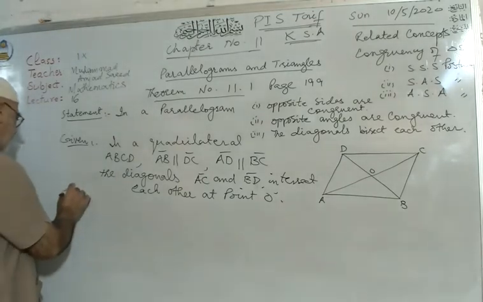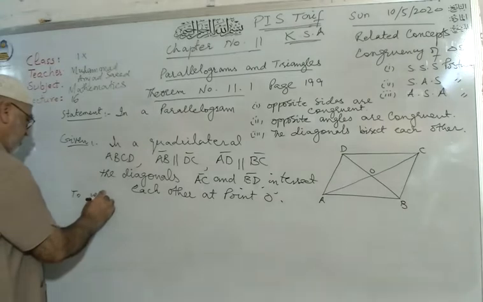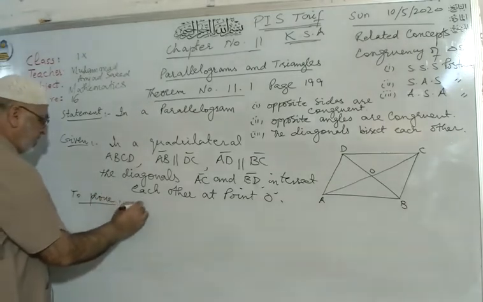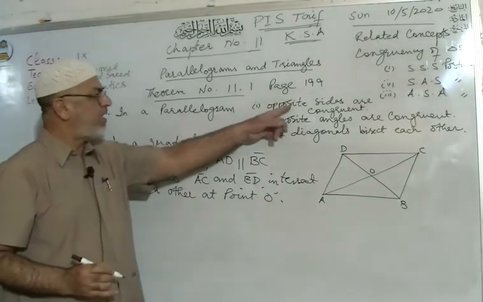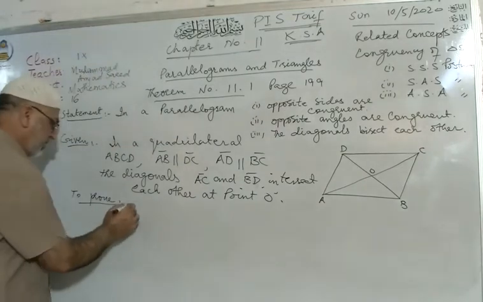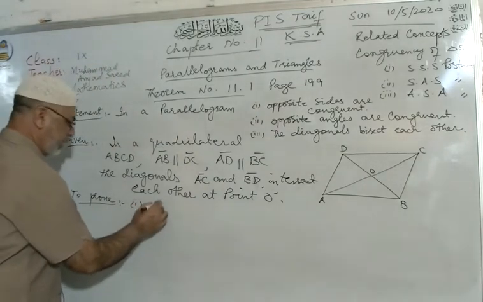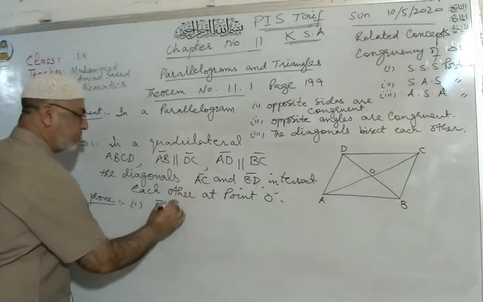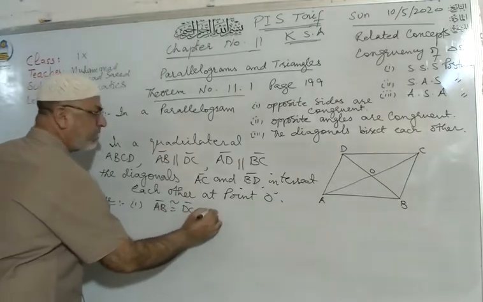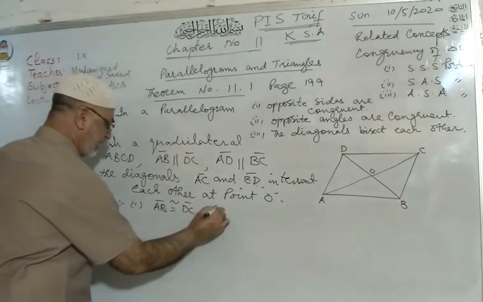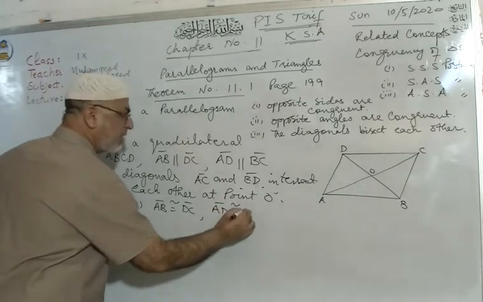After that, to prove, according to statement number 1, opposite sides are congruent. That is, AB is congruent to DC and AD is congruent to BC.